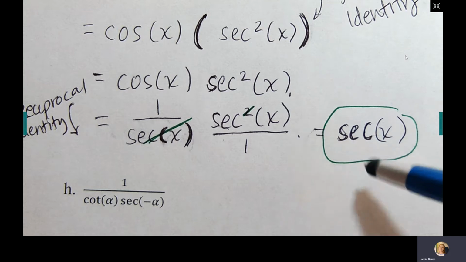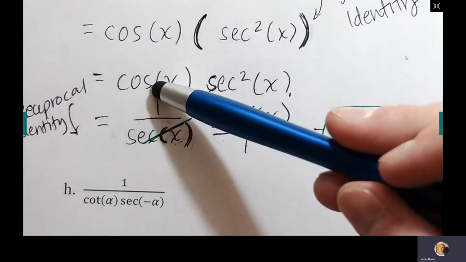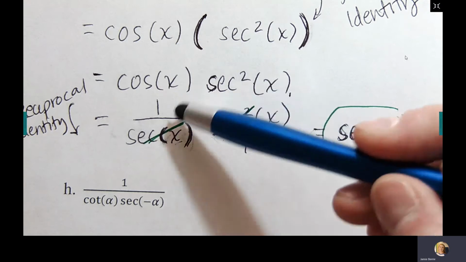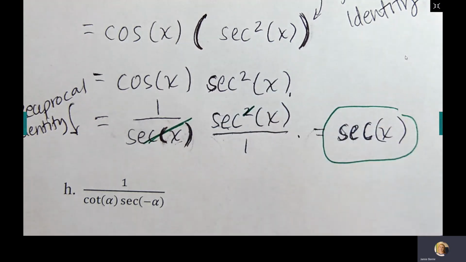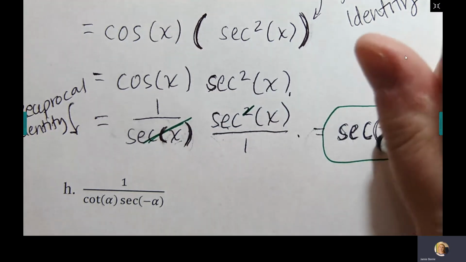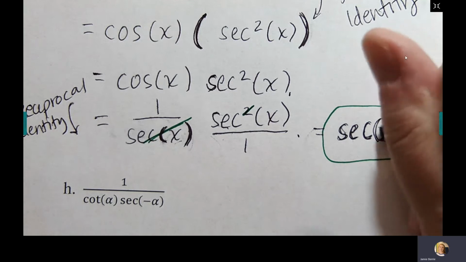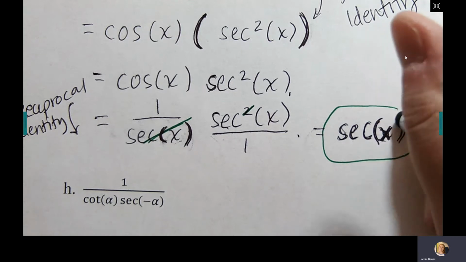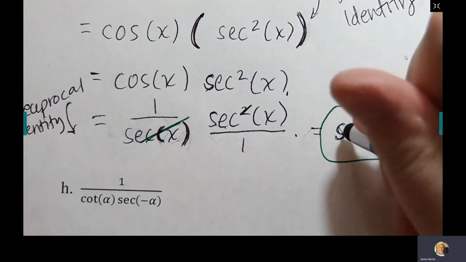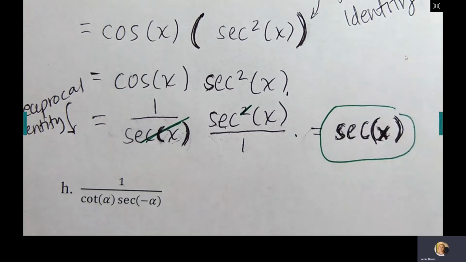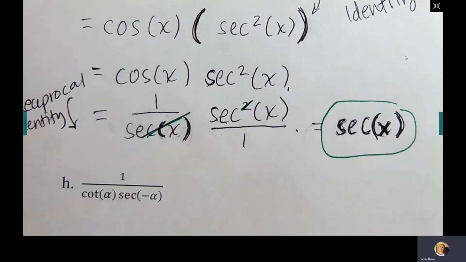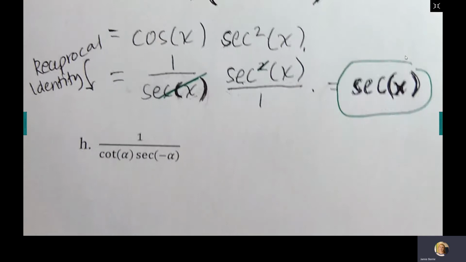You would have ended up with the same thing, but this is faster. So changing cosine to match the secant ended up working out faster for us here. So this was perfect. Y'all are doing such a good job. This is really hard. So I appreciate your concentration and attention. All right, next one.